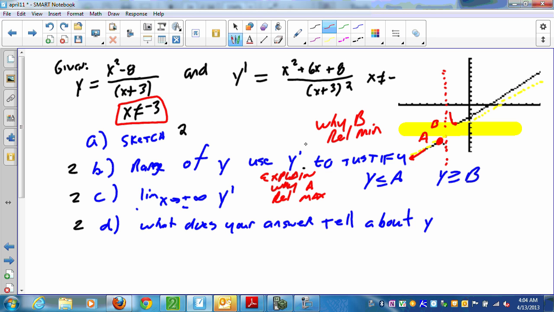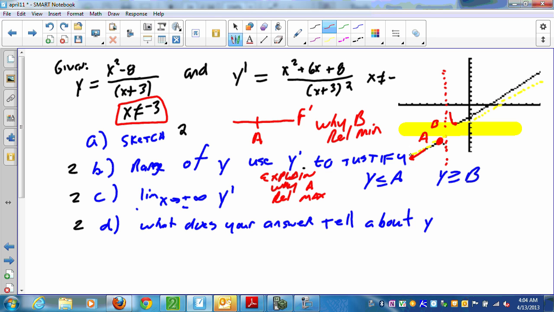So how do you justify those? Well, whatever the value is at A, I'll leave that up to you to find. You're trying to show that it's a relative maximum. So you have to look at the derivative.